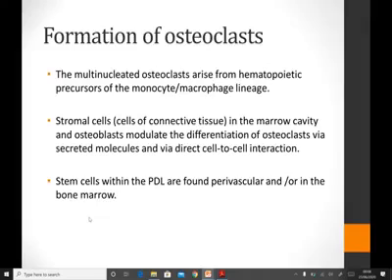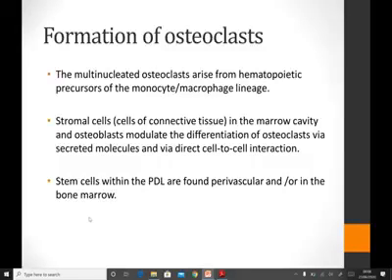Now we are going to talk about how we get a mature osteoclast from the stem cell. As we know, osteoclasts have a hematopoietic origin. They are multinucleated cells. They arise from hematopoietic precursors of the monocyte macrophage lineage. So that makes their origin different from the origin of the osteoblasts.